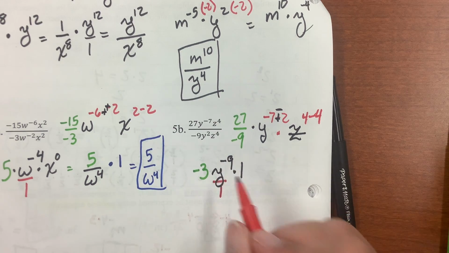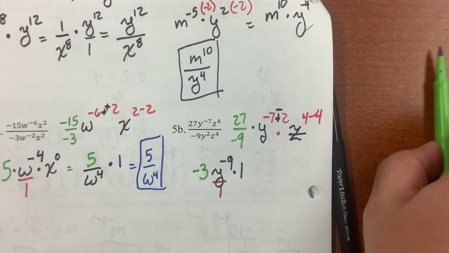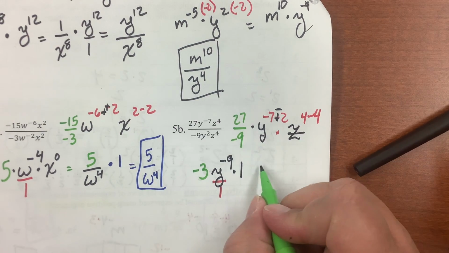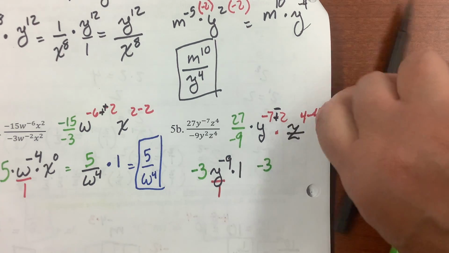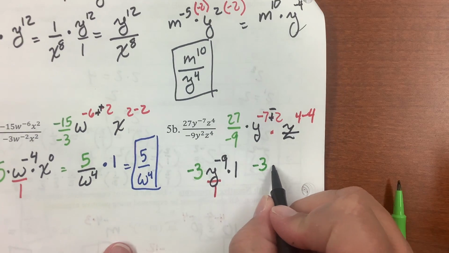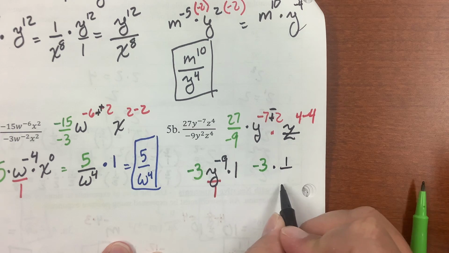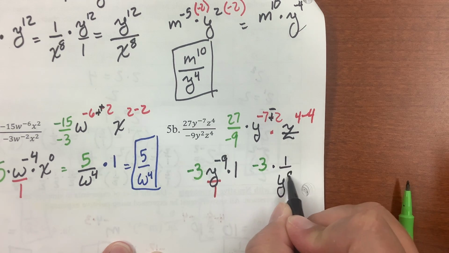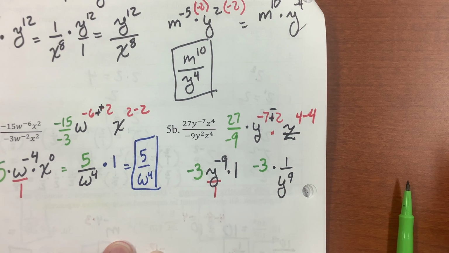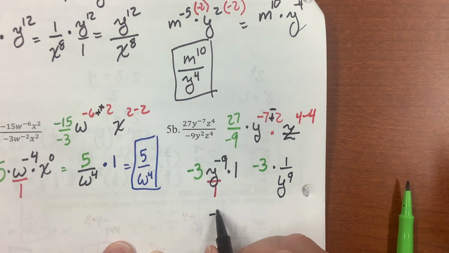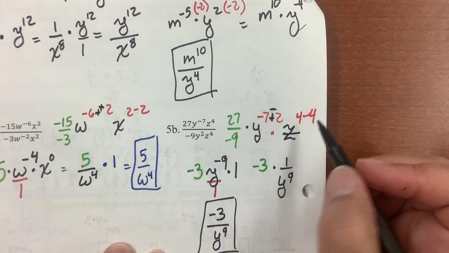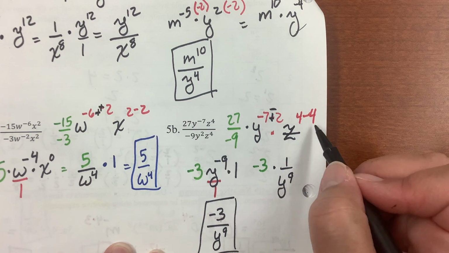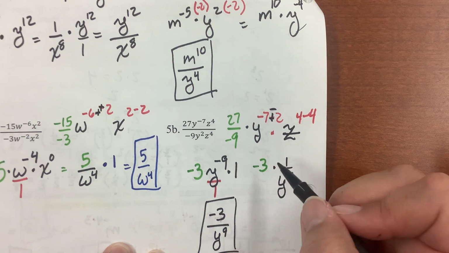Just this part flips. So, negative 3 times 1 over y to the positive 9th. Or I could just do negative 3 over y to the 9th. What happened to the z? 4 minus 4 is 0. Z to the 0 power was that times 1.